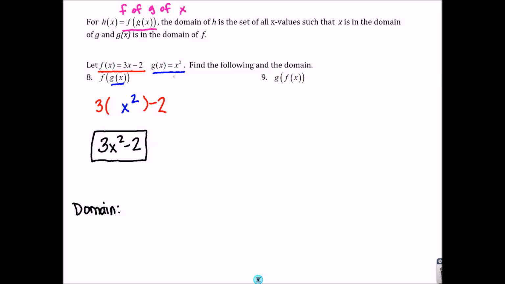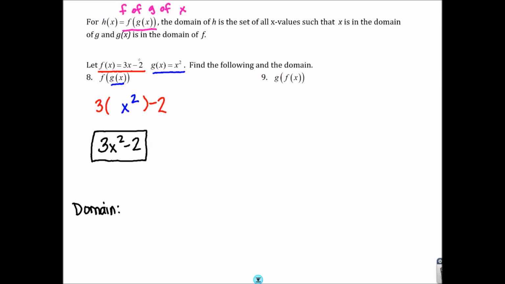Then we need to look at what outputs of g of x are in the domain of f. So again, we need to look at the domain of f of x. This is a linear function, which again is a type of polynomial, so its domain is all real numbers.